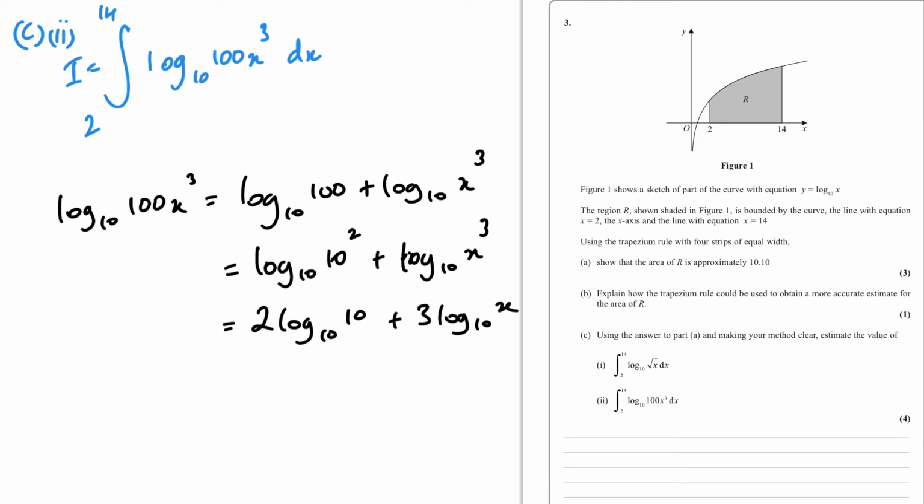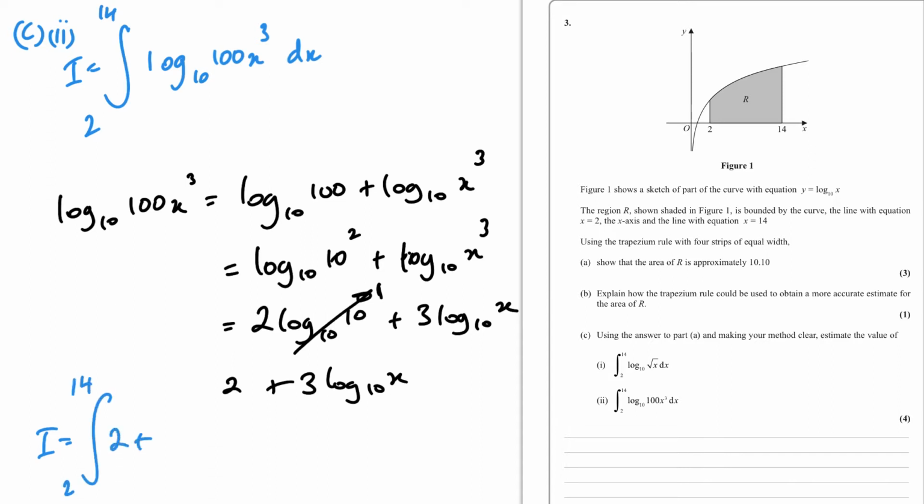Now, anything with the same base and the same number here is just going to be 1. So we get 2 plus 3 log 10x. Now I'm going to substitute that back into my original. So if you think of my original now, this will give me between 2 and 14.